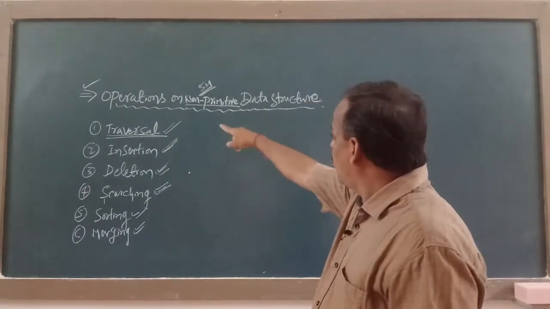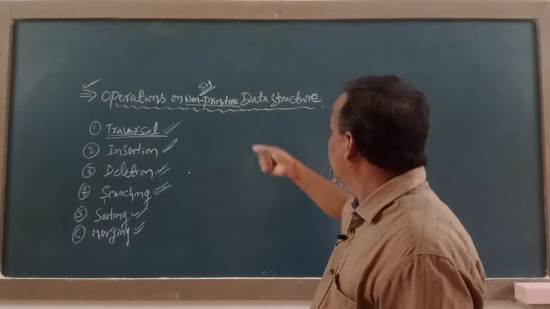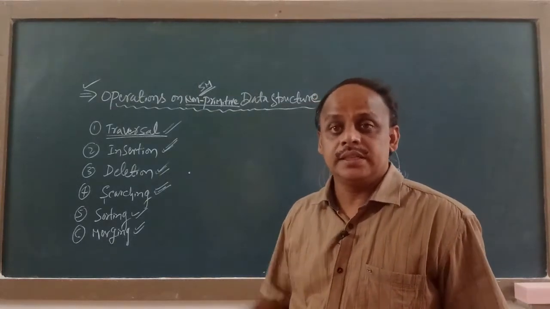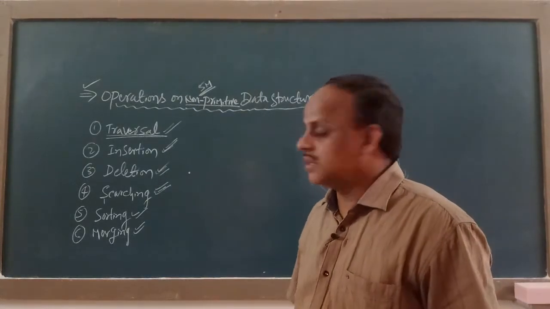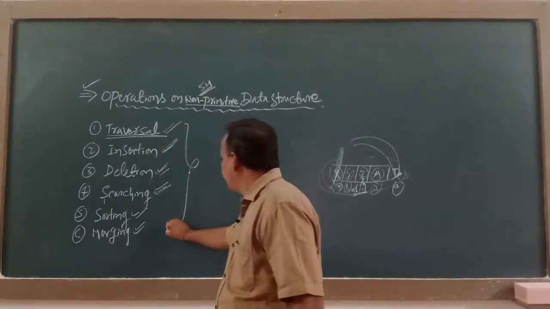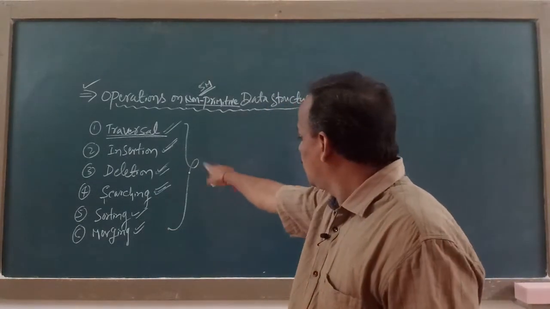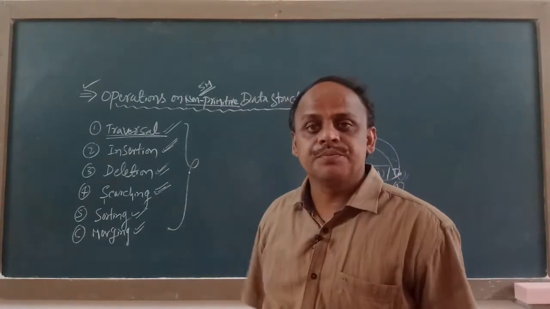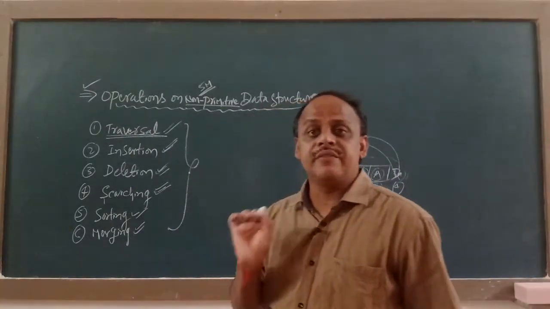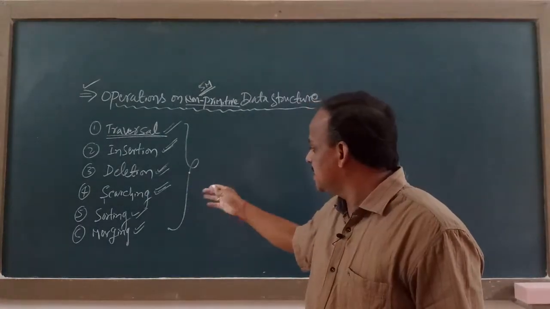Or you may get a 5 mark question: write a note on operations on a non-primitive data structure, or explain the operations of non-primitive data structure. At that time you have to define any 5 among these 6 with their definitions. Don't just mention traversal, insertion, deletion, searching, sorting, merging.